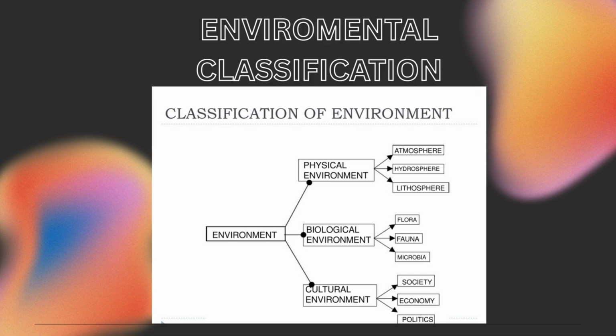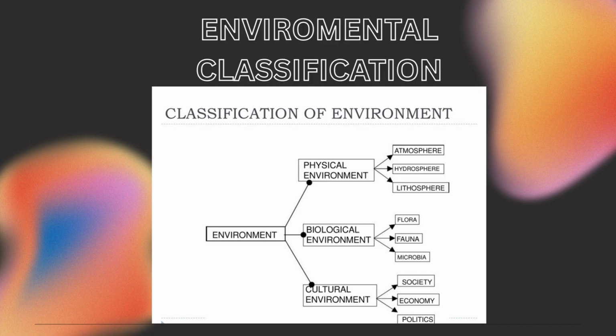Microbes, which are microscopic organisms like bacteria and fungi that play key roles in decomposition and nutrient cycling. Man, who is also part of the biological environment and plays a unique role in shaping and altering ecosystems.